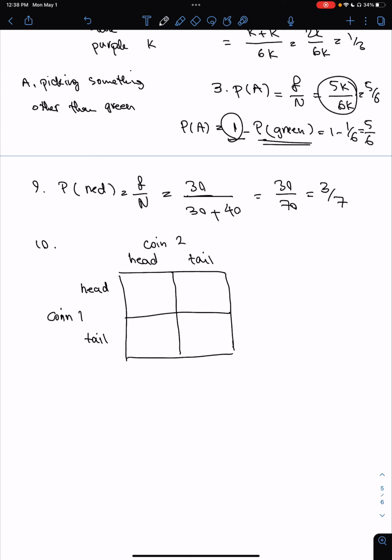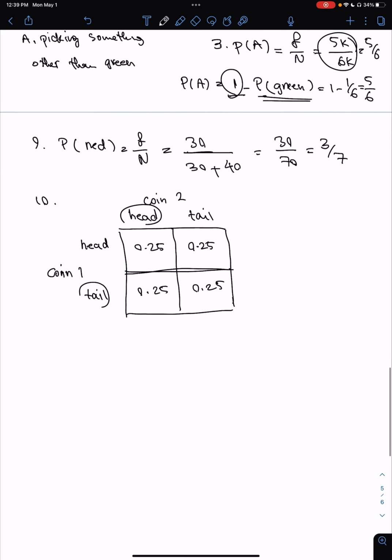So in this situation we have 0.25 for both being head, 0.25 for coin 1 being head and coin 2 being tail, 0.25 for coin 1 being tail and coin 2 being head, and 0.25 for coin 1 being tail and coin 2 being tail.